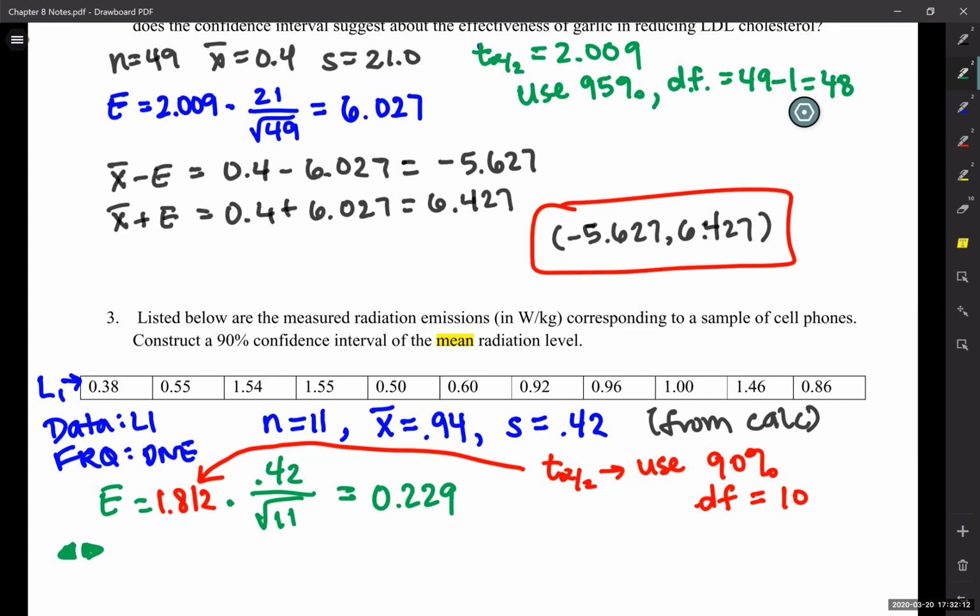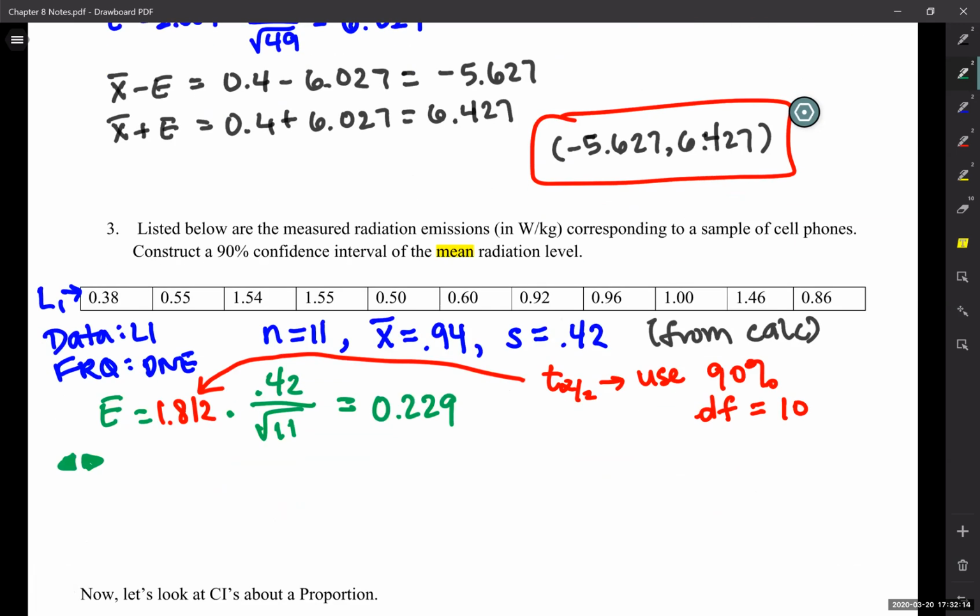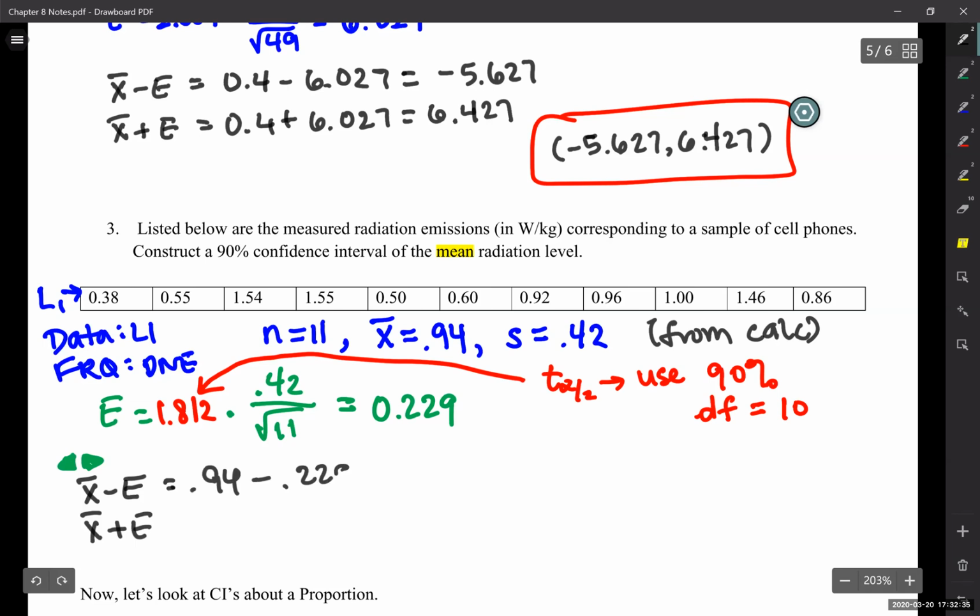So to finish this problem, we have x bar minus E, x bar plus E. So I have 0.94 minus 0.229 and 0.94 plus 0.229.